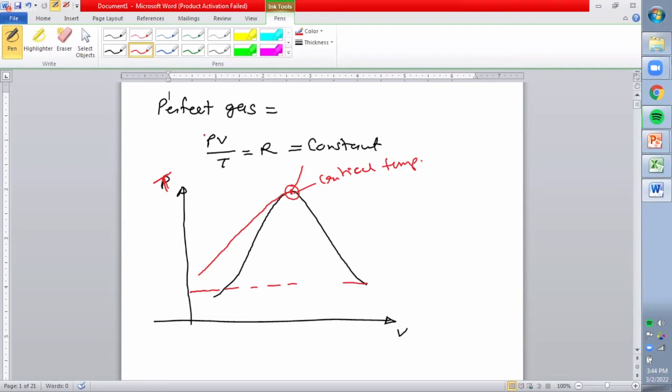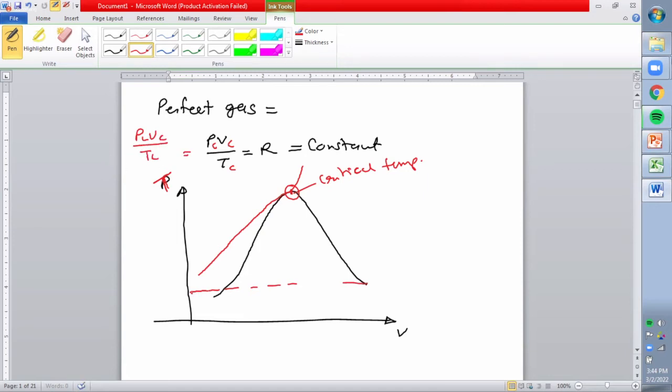Here the pressure, volume and temperature at the critical point are equal to the pressure PL, volume VL and temperature TL at the very low point.